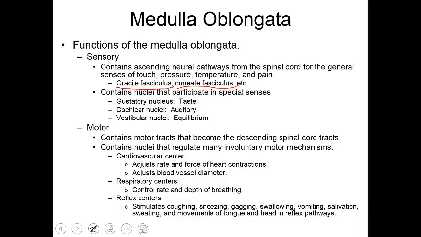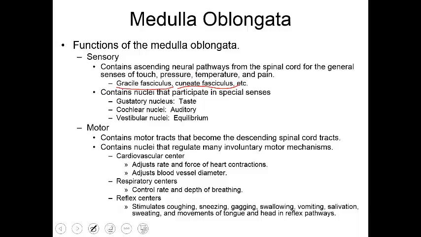So one, it is going to adjust the rate and the force of how fast or how slow the cardiac muscle contracts. Two, it is regulating the smooth muscles of the blood capillaries. So it's not only controlling the heart rate and the force of contractions, but also the blood pressure by dilating and contracting the diameter of the blood vessels.